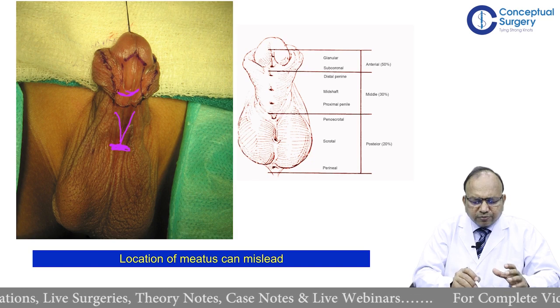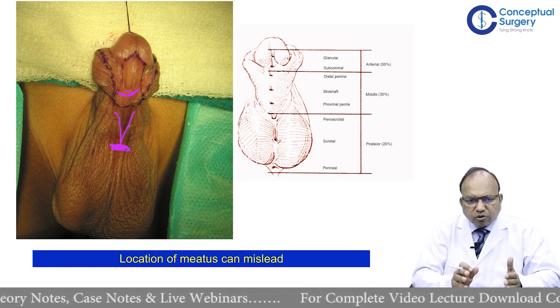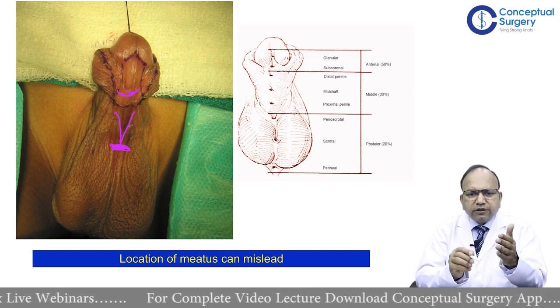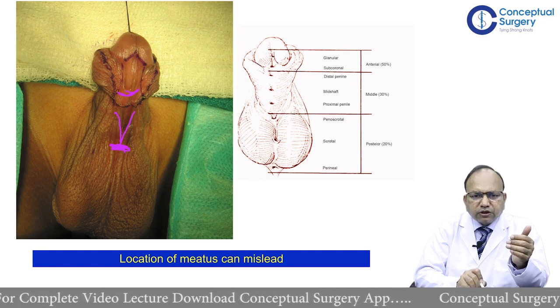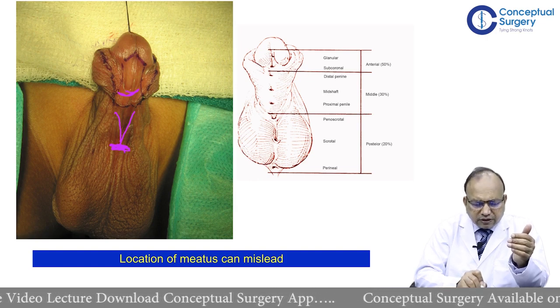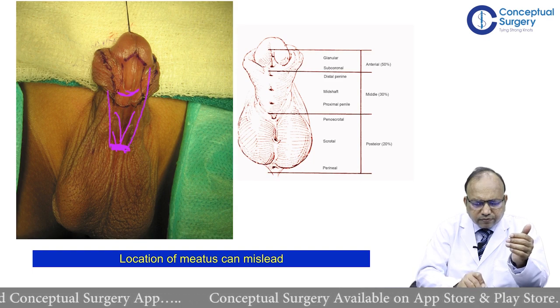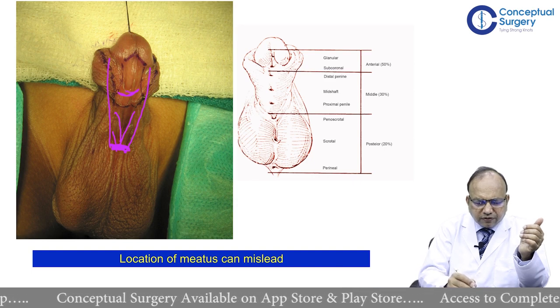Because what happens is, as I mentioned, hypospadias is a ventral hypoplasia. All the components are splayed outwards. The corpus spongiosum, which covers the urethra, starts deviating at this level and goes like this. So you can imagine hypospadias is a ventral defect.